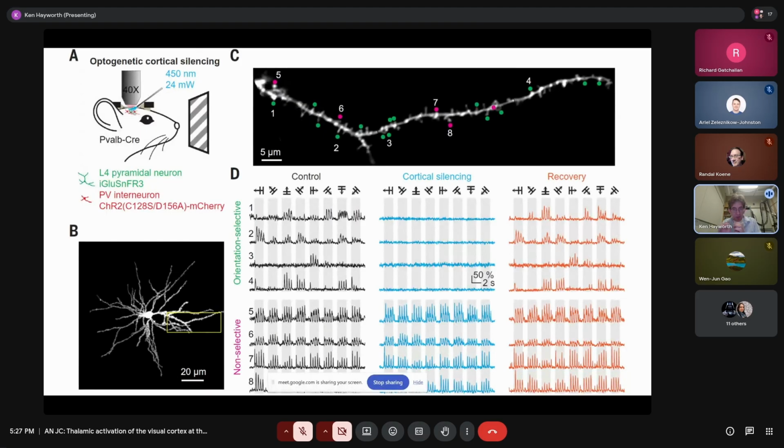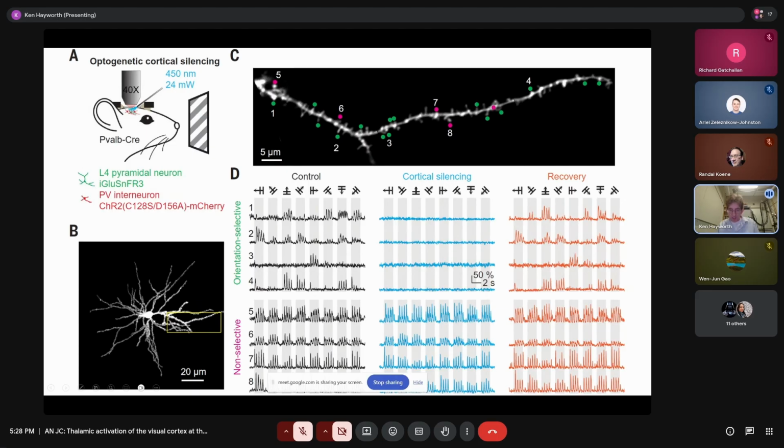But they wanted to make sure, okay, are these synapses that are now showing this actually coming from the LGN, or maybe they're coming from somewhere else? So what they did is they used a couple of different techniques to silence the cortex. The one that they're showing here is an optogenetic technique. I'm not going to go into it, but when they silence all of the cells that would be generating excitatory input from the cortex onto this cell, these responses go dead.